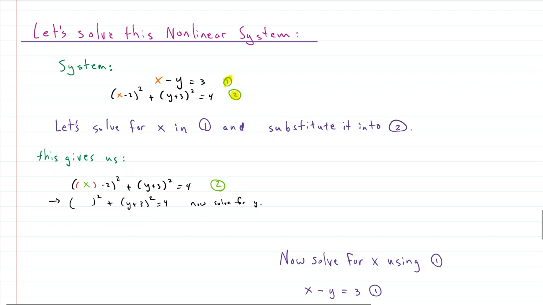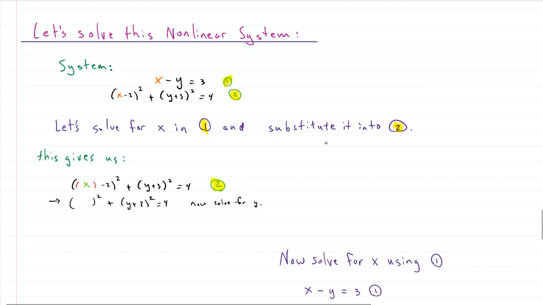So those are our main methods of solving for these. So if we took equation number 1 and we solve for x, and then we substituted it into equation number 2, then we just have y's left and we can solve for y. So let's try that.